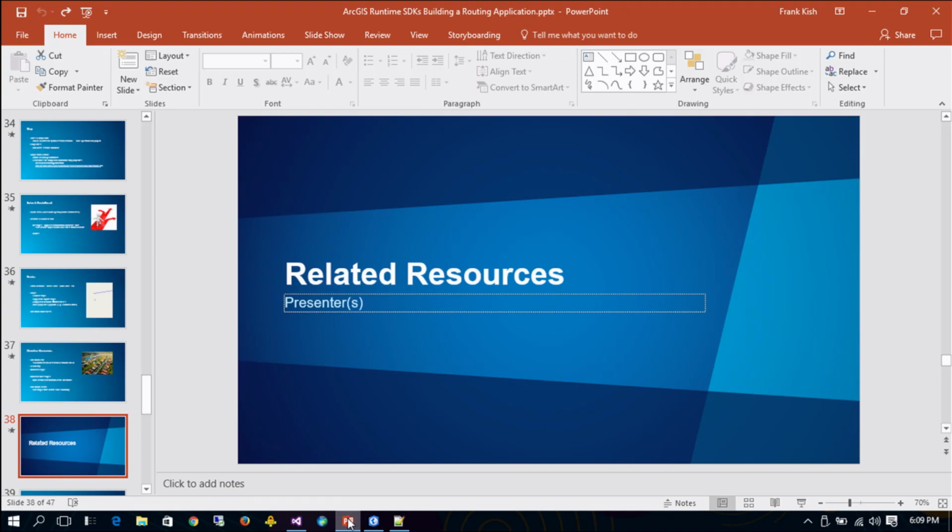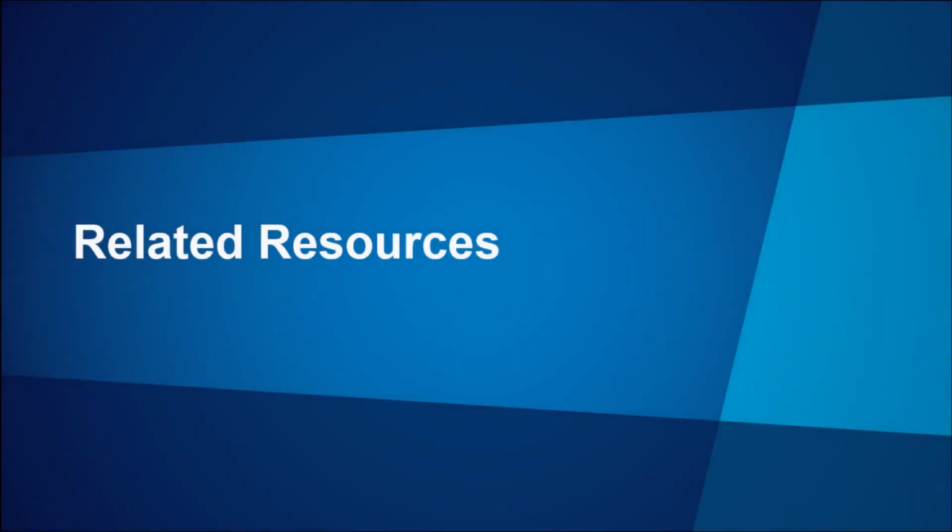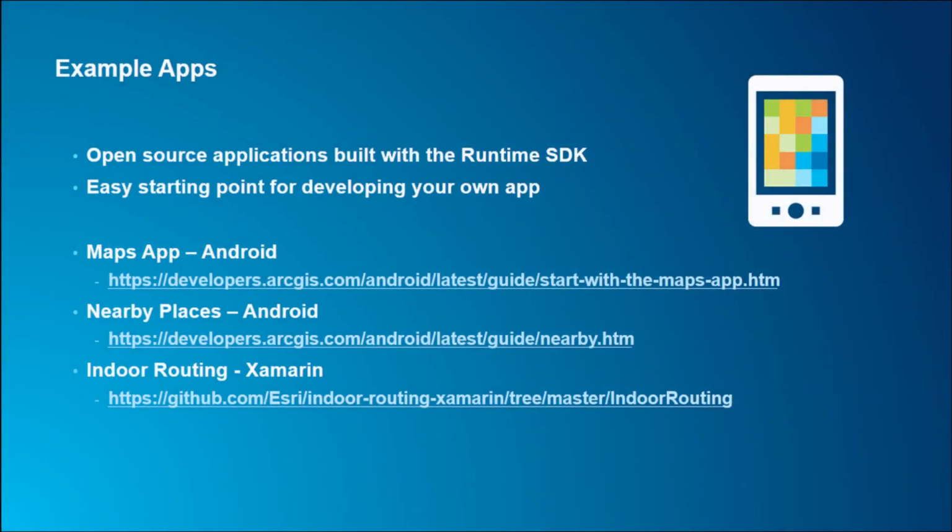So let's look a little bit more at some slides. So what are some related resources? Well, we have example apps out there. These are open source apps built on the Runtime SDK, built by the Runtime teams, and they're an easy starting point to create your own application. We have a number of them that might be interesting to you.